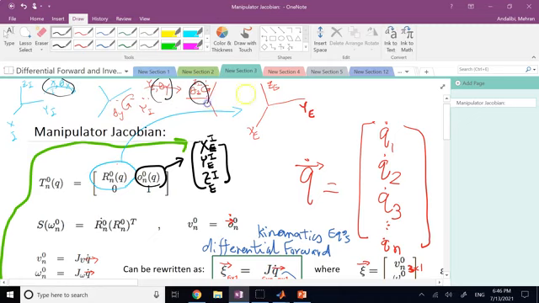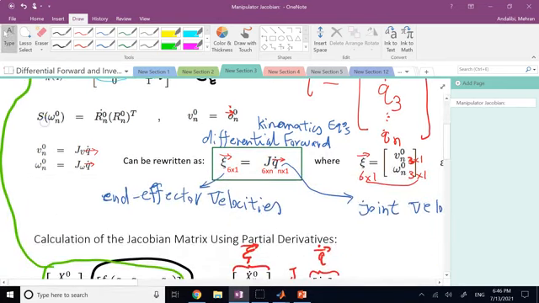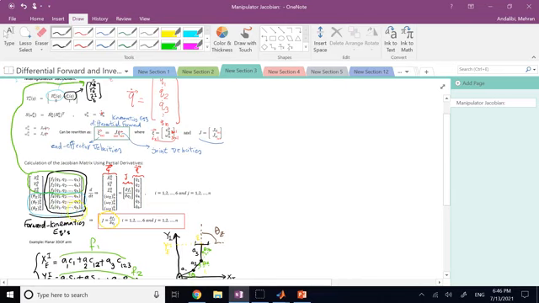Most of the time it is described in terms of what we call intrinsic rotations, like what? Like Euler angles, for example. In that case, finding these three equations is a little bit harder.